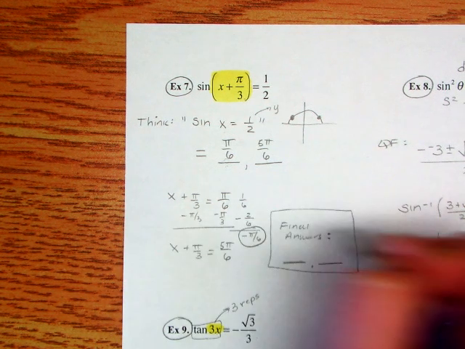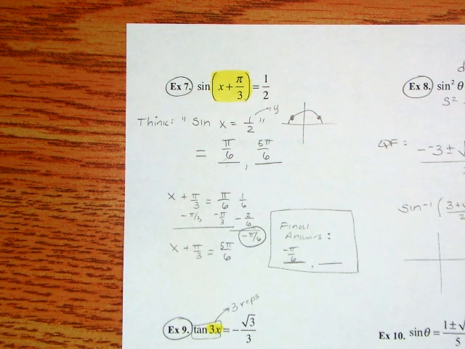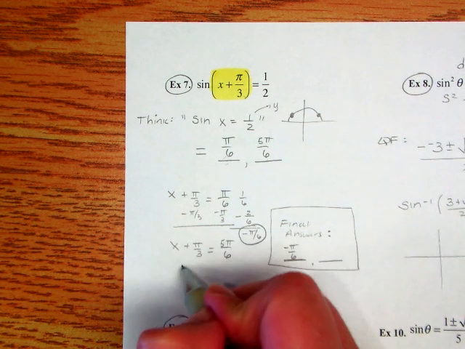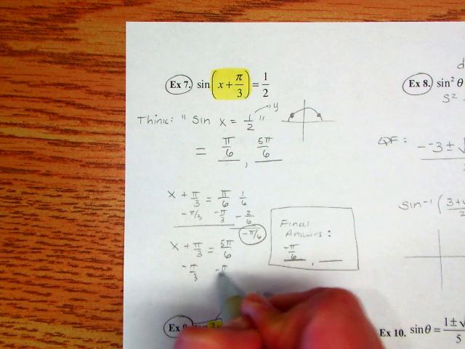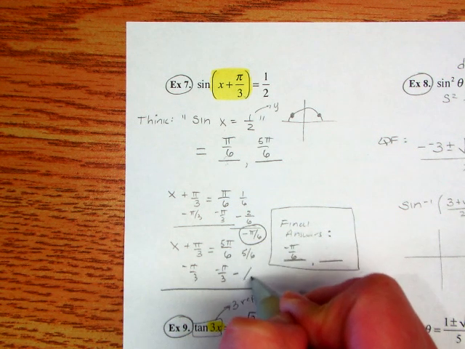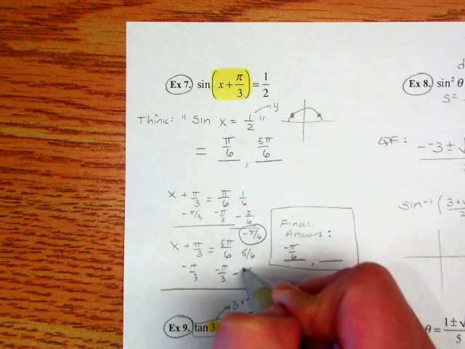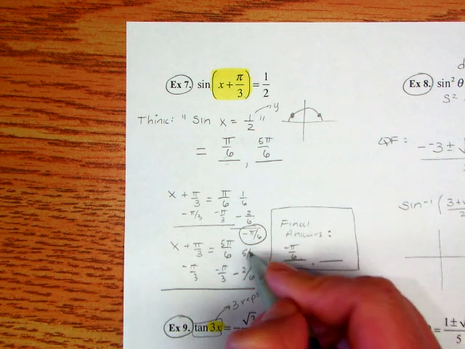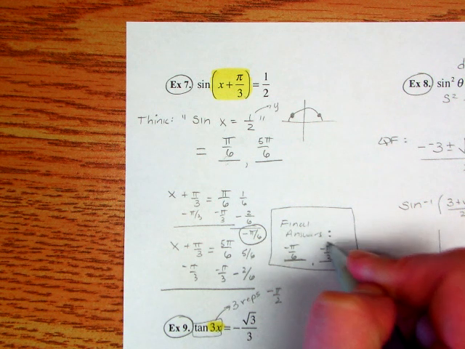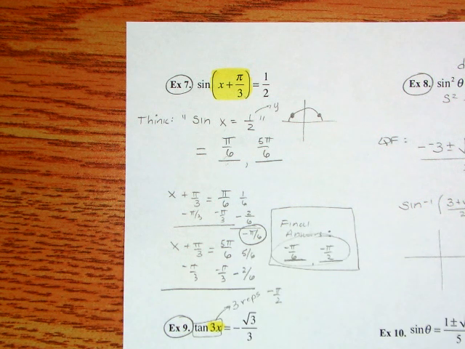That's one solution. The next solution, minus pi over 3. Mathematically, 5 pi over 6 minus 2 pi over 6 gives me 3 pi over 6, or pi over 2, so negative pi over 2. These are my final answers.